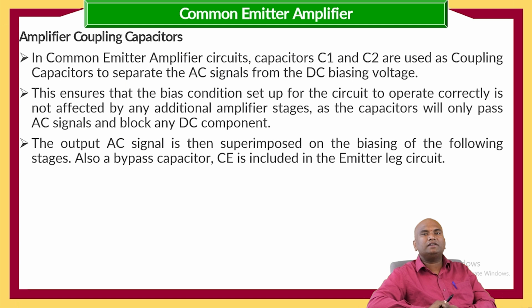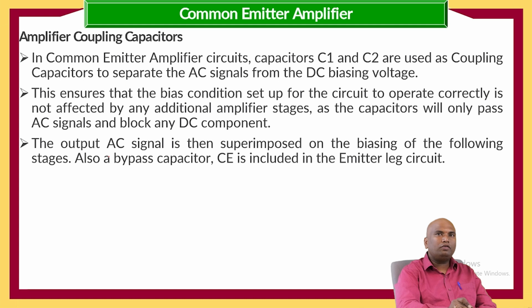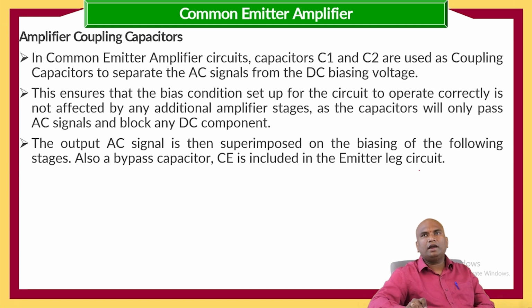The output AC signal is then superimposed on the biasing of the following stages. Also, a bypass capacitor is included in the emitter leg circuit.